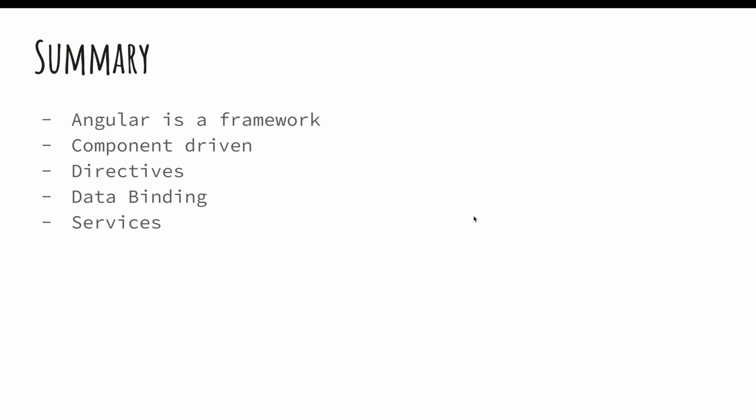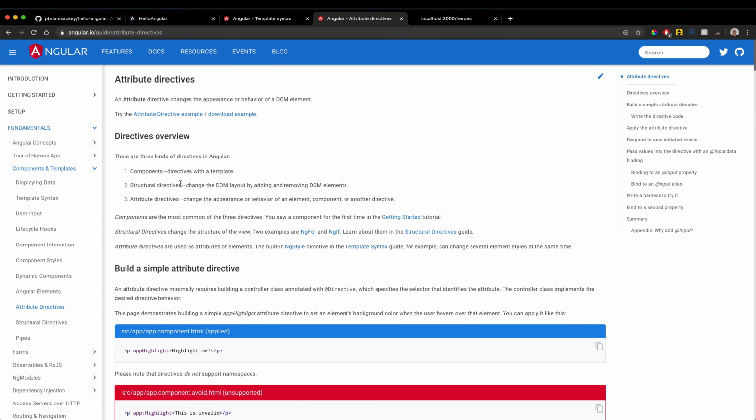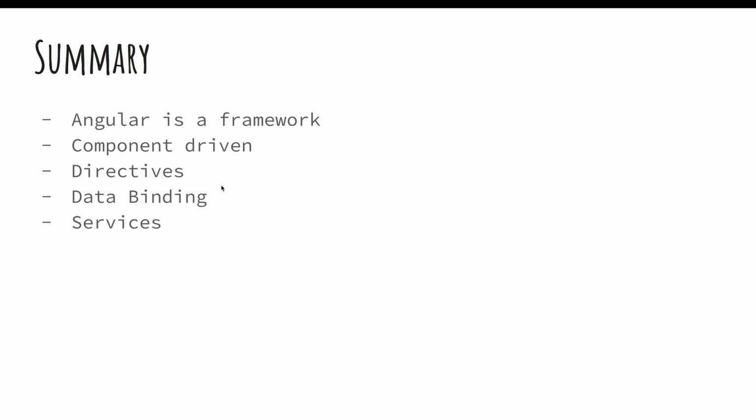We covered structural and attribute directives. Again, the structural deals with the DOM, the attribute deals with appearance. We covered data binding with interpolation. You have property binding, you have event binding, and that leads you to the two-way binding. And finally, we closed out with services. Basically, the service is your centralized access to the API.